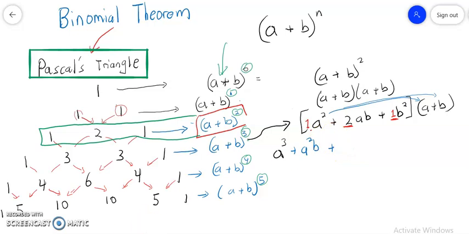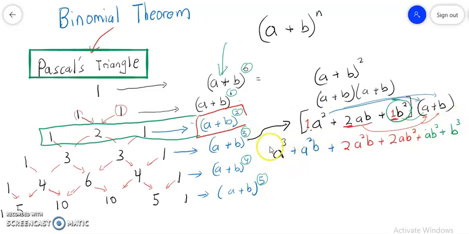Then you add, you take this whole thing, multiply with a and also b, so you have 2a squared b and 2ab squared, and then we move to the last one, b squared. The one I circled here, we multiply and you get ab squared plus b cubed.